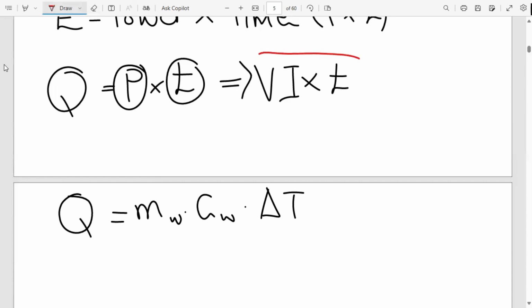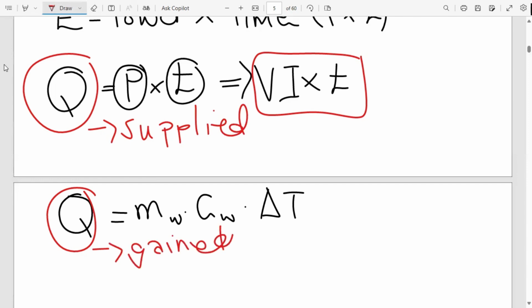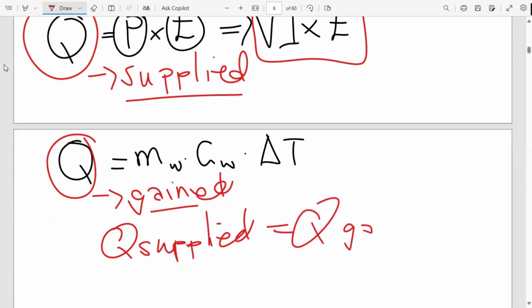I'm going to equate this Q to this Q, because this is the energy that is supplied and this is the energy gained by the water, so that we come up with one formula. Q supplied will be equal to Q gained.